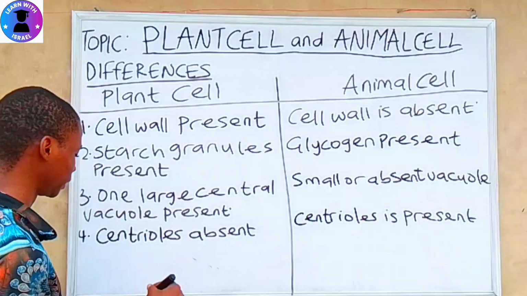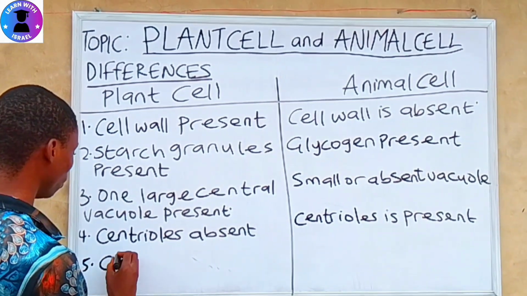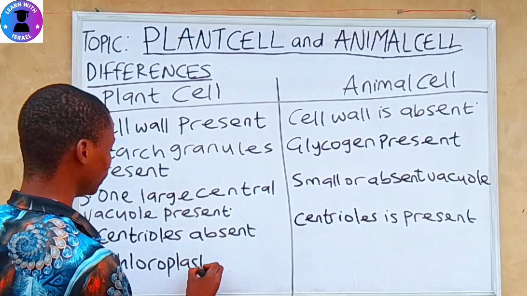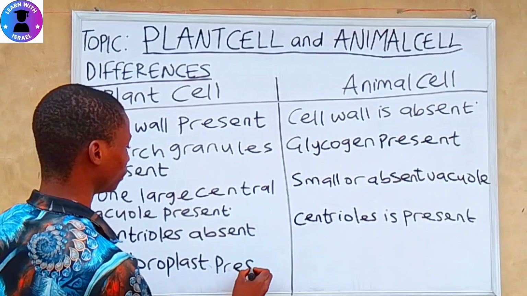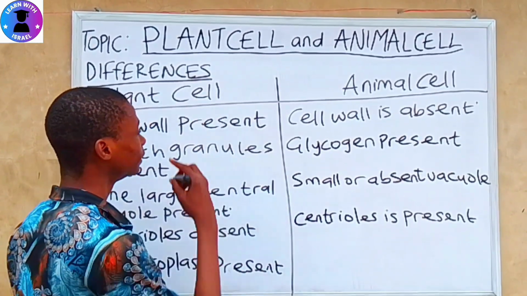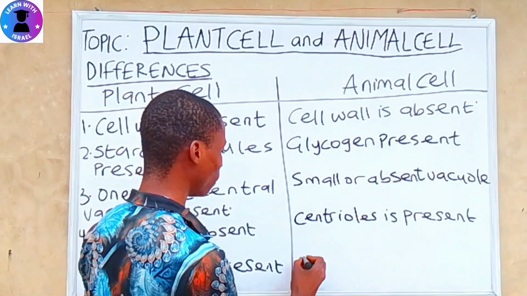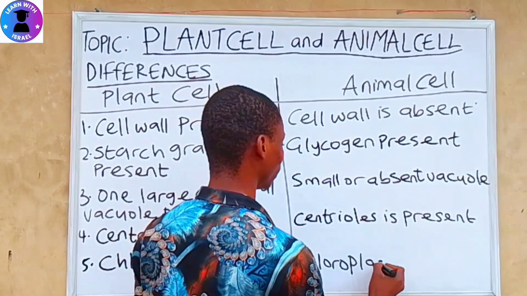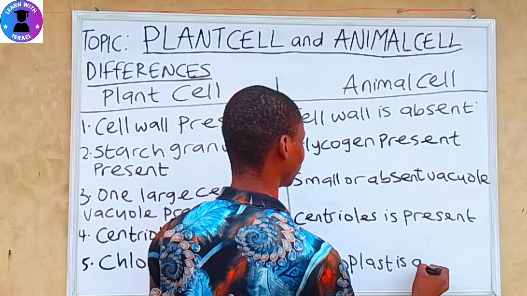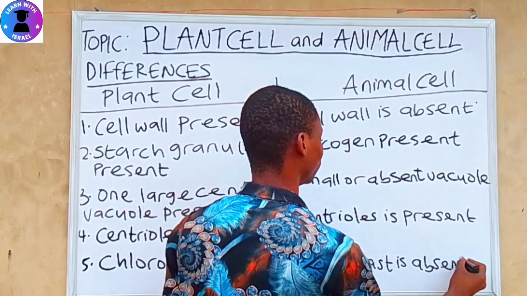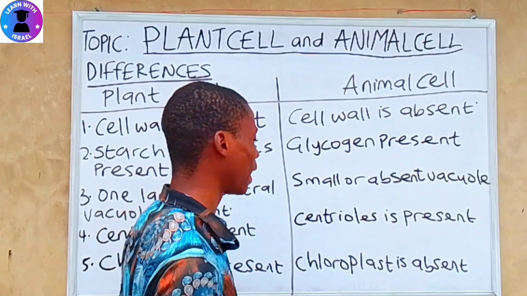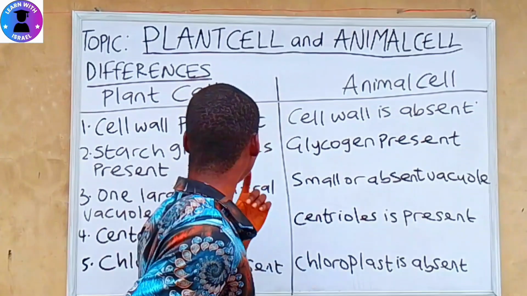So the next one is chloroplast. Chloroplast is present in plant cell, while chloroplast is absent in animal cell.